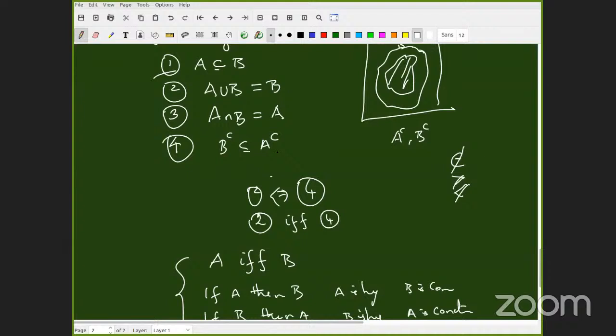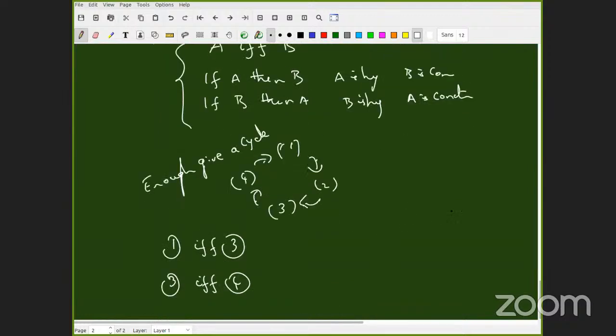I want to prove x is in A complement. That means I want to prove x is not in A. But 3 gives only a hypothesis about A, not about A complement. Correct? So how should I start the proof? Your easy goal is to start with contradiction. I hope all of you are following what I'm saying.